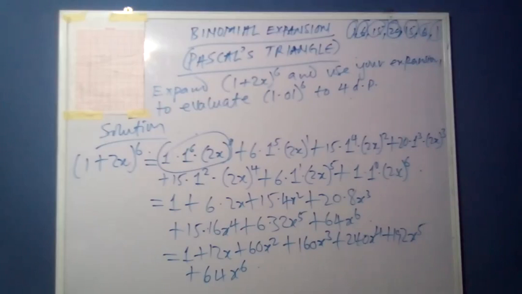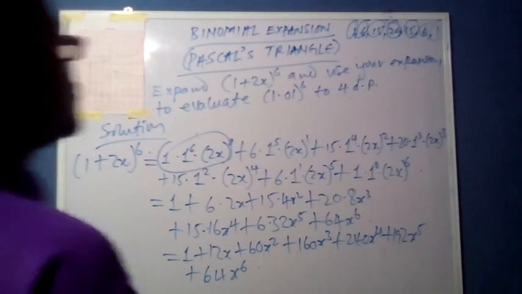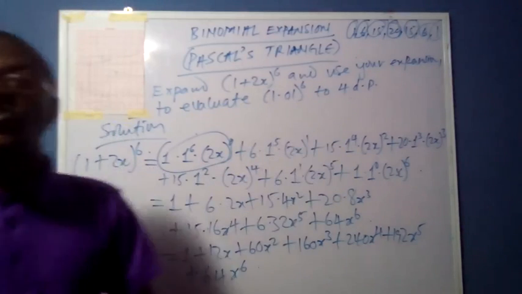So we're going to be using that expansion now to evaluate 1.01 raised to power 6. How are we going to do that? Using our expansion, how do we use this expansion to get 1.01 raised to power 6?